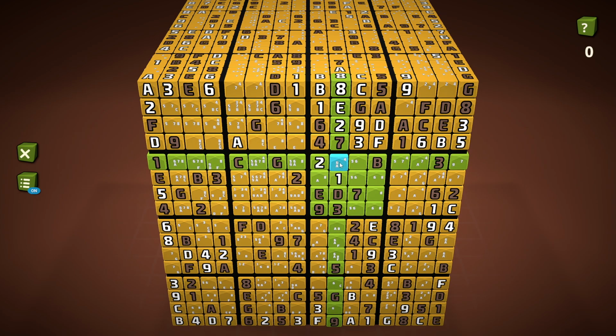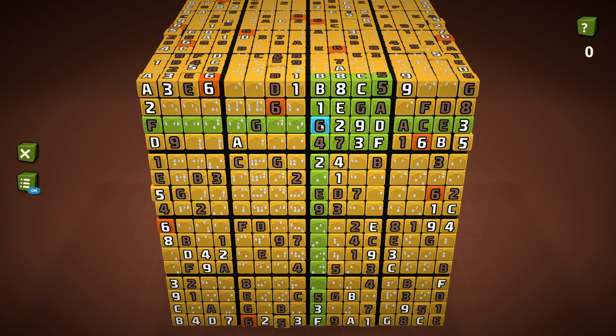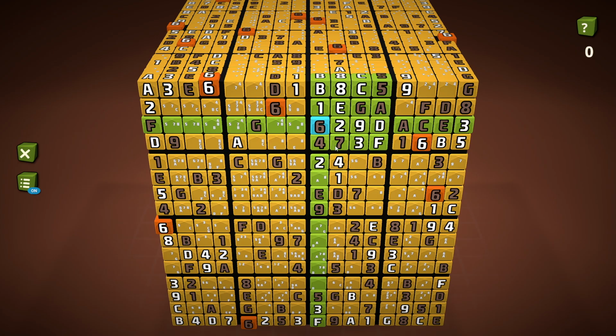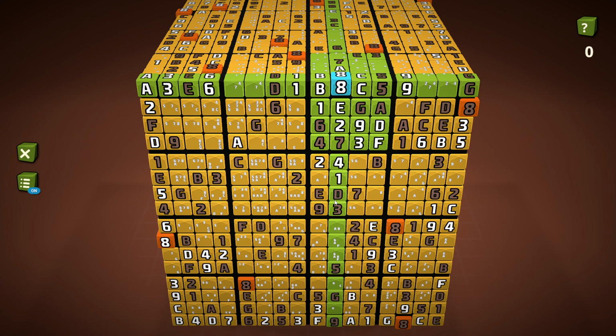Has to be to the right of the 2. That's 5s. Has to be in that column. So one of these. 6s. All right. Yep, anything but that one could be a 6. 7s. No. 8s. Sure looks like anything could be an 8 in there.